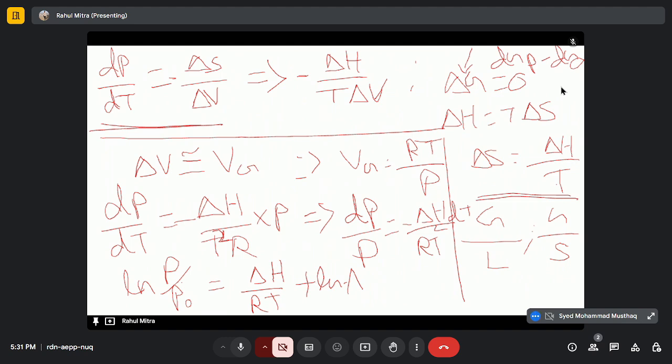So if we substitute this delta S term into the Clapeyron equation, which is equation number 2, we finally arrive at this equation. And if we again solve it by integrating and then writing the constants, we arrive at this equation.